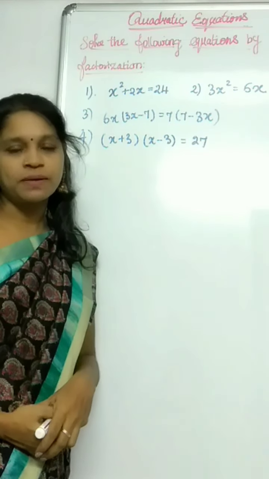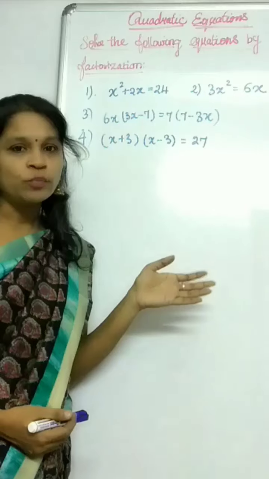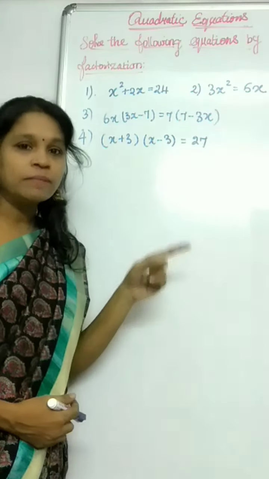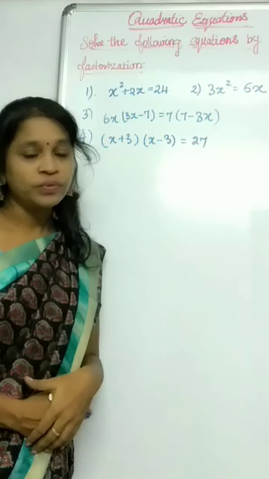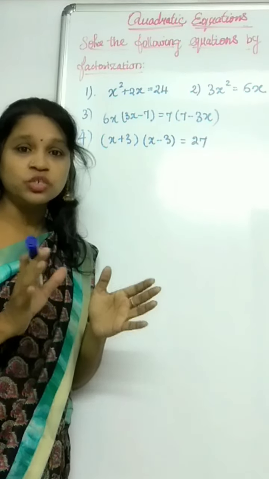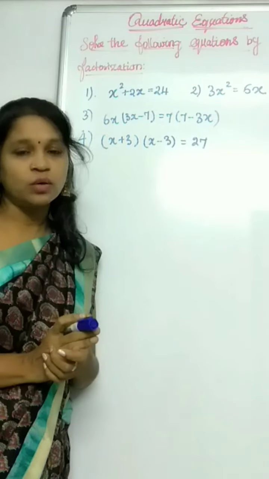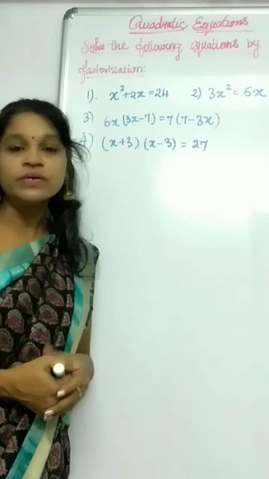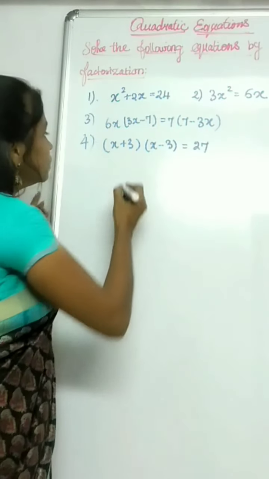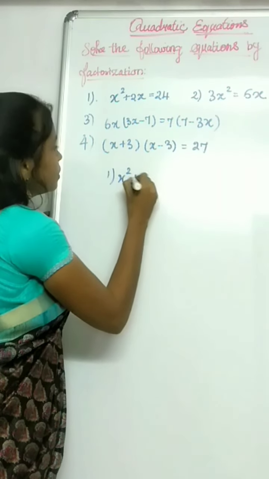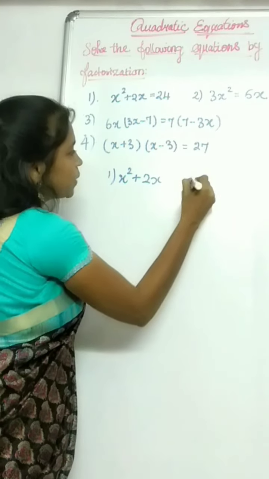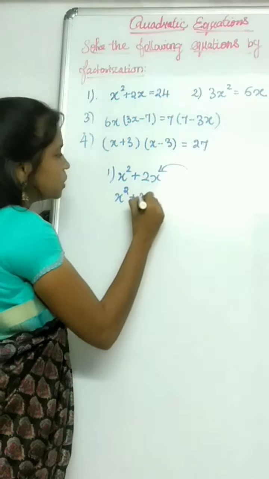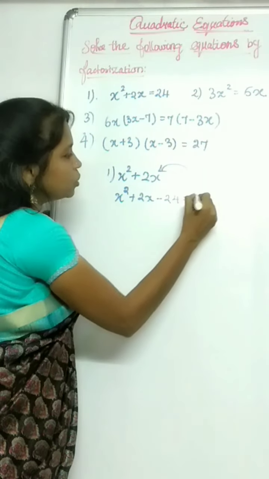Now I am going to explain. Just look at all the four problems. The first problem is given here: x square plus 2x is equal to 24, and obviously this is the general form of the quadratic equation. Already we know it, right? So we don't have any confusion about the first problem. If you transpose this value to this side, it will change into minus 24 is equal to 0.